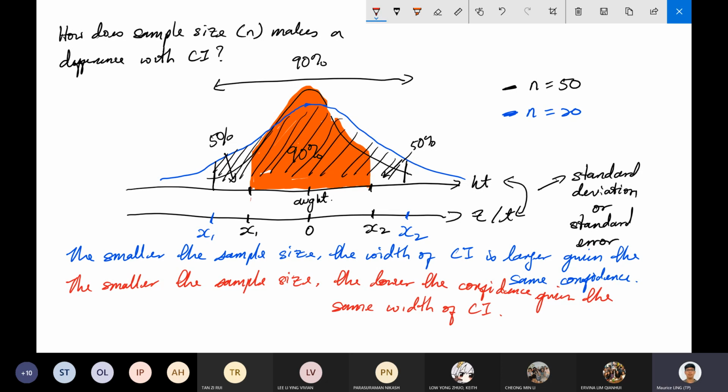So far, any problem with this concept? That means sample size, it depends on whether you want to be more confident or less confident. The width will change. If you want to keep the same width, then the level of confidence will change. So there are three parameters.